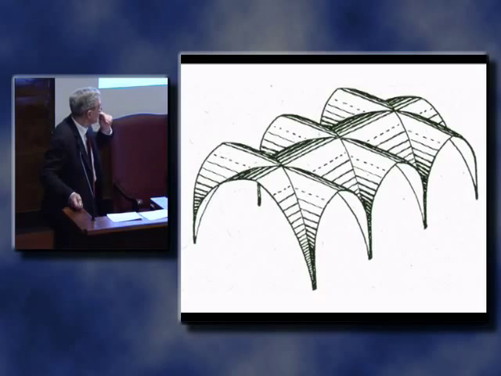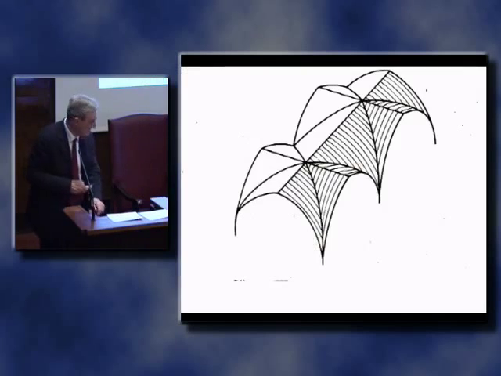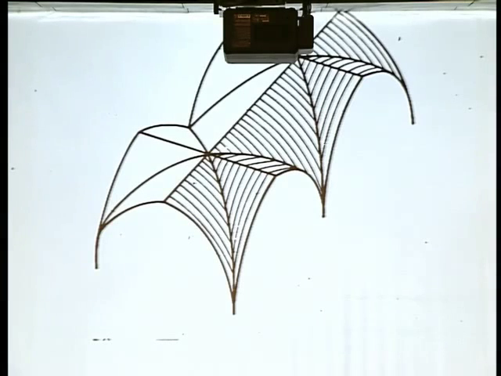And further, of course, one can immediately say that if there are no forces being transmitted across here, it would be perfectly legitimate to slice the vault in that way and just to consider parallel sets of arches, and the forces in those can be computed from conditions of equilibrium very simply indeed.